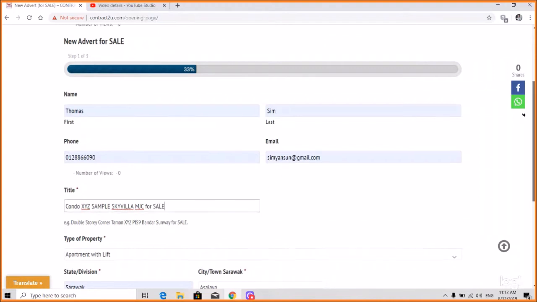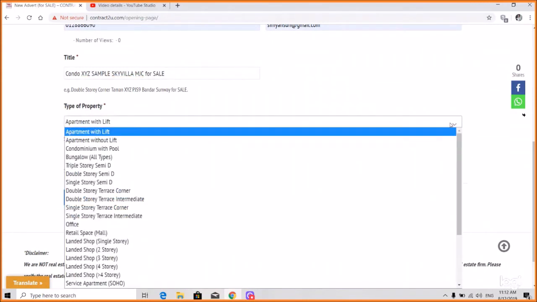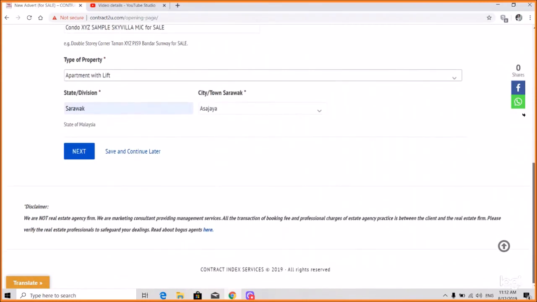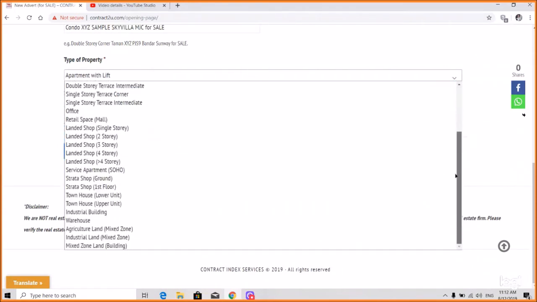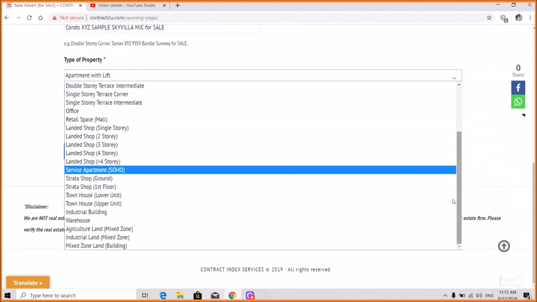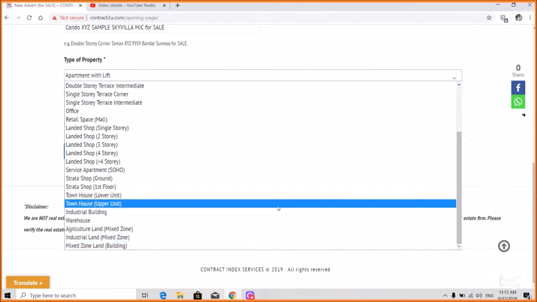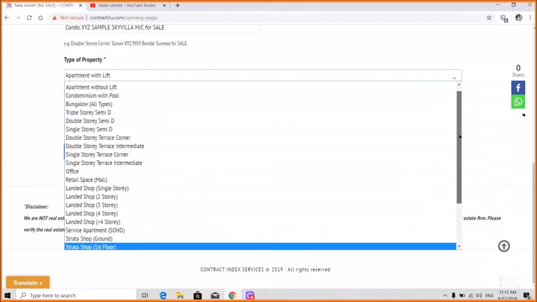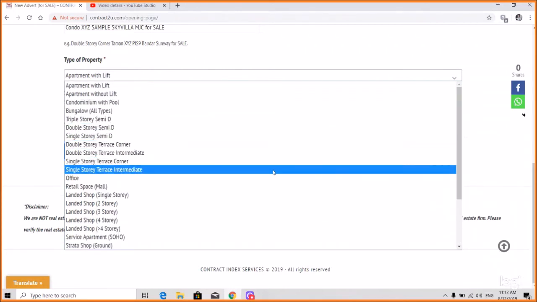And again, we use the usual one, which is apartment with lift. Of course, there are many to select. If you want to go through, you can scroll down, in fact, from land, agriculture, mixed zone, agriculture, industrial land, all the way to different types of landed house.